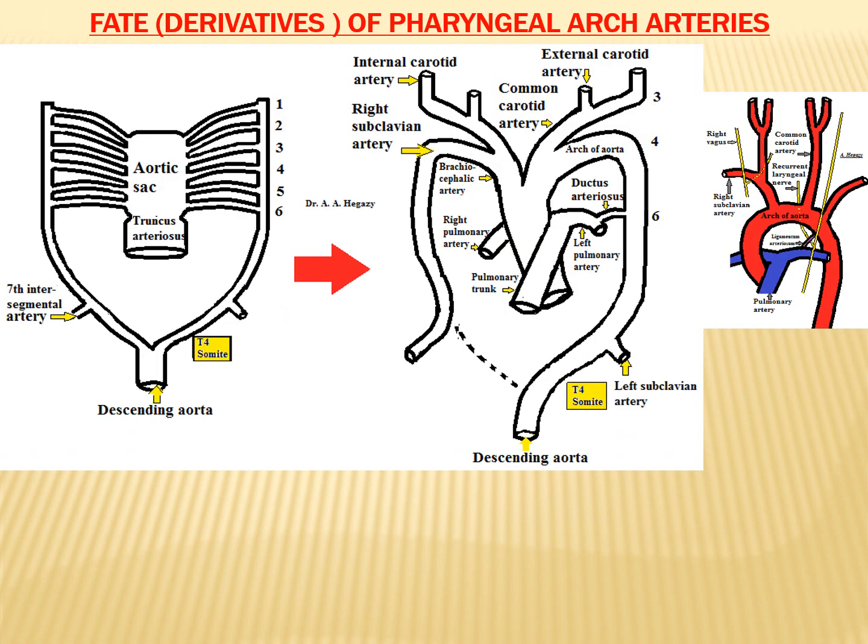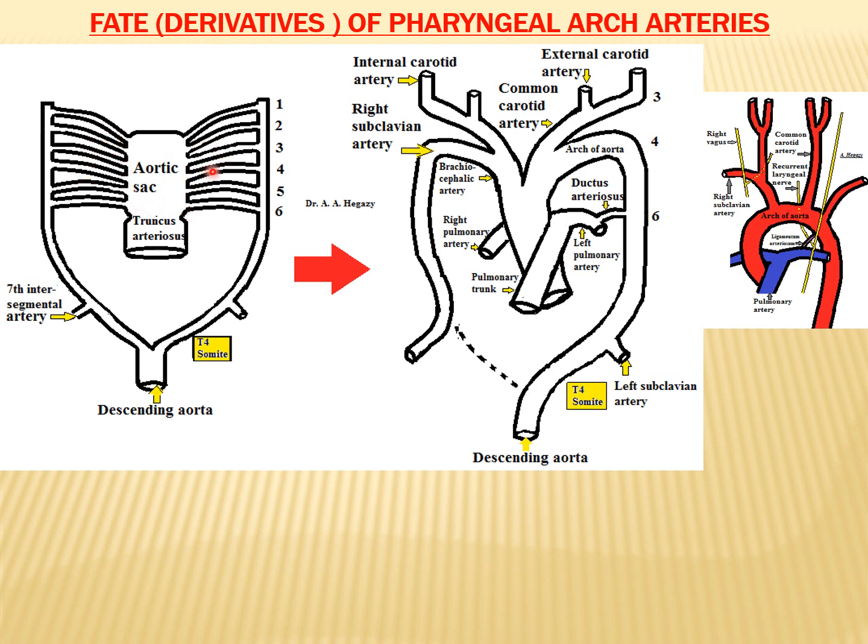Here we talk about the fate of the pharyngeal arch arteries that we talked about, but here we'll talk about them with the diagram to be more clarified. Here is the truncus arteriosus connected to another sac called the aortic sac. From the aortic sac, six arteries arise from each side.